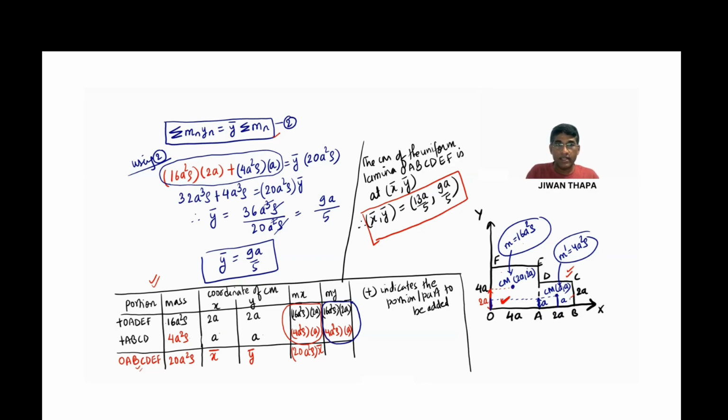So we need to add these two terms. So when we add these two terms, we get this, okay. So I'm writing, we get 20a square rho times y bar. So in this way, we can tabulate, okay, the whole problem.